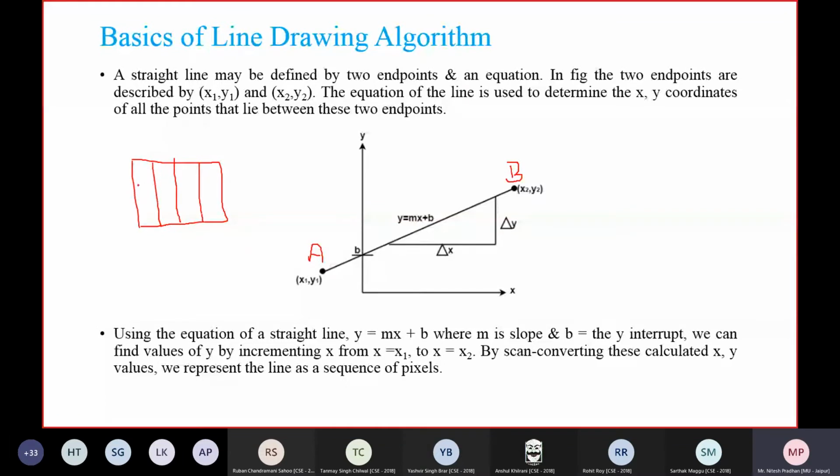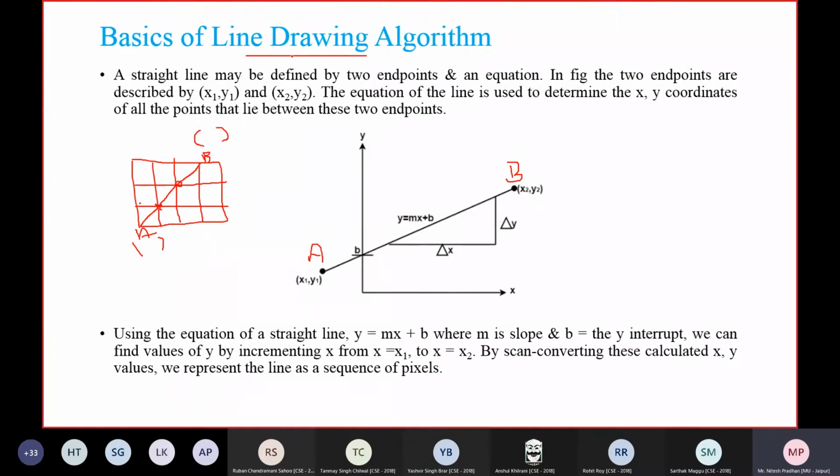Let us assume in this plane you want to draw one line from point A to point B. Some coordinates are available here and here also. What the line drawing algorithm does is calculate all the middle coordinates of the given line. That is the task of the line drawing algorithm. How it is possible, we will see in the further slides.